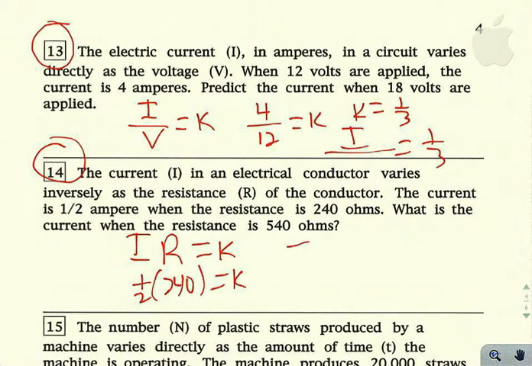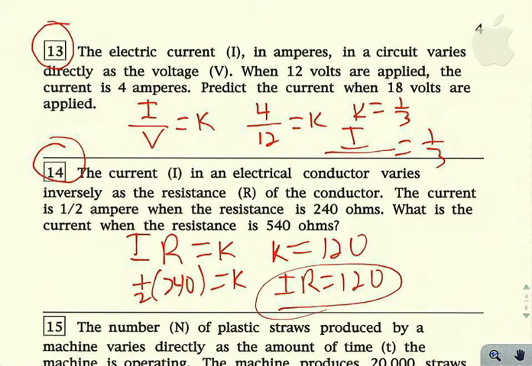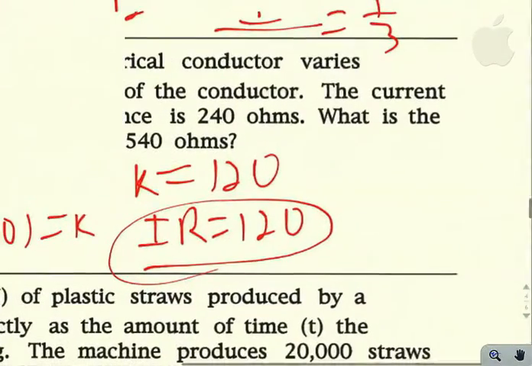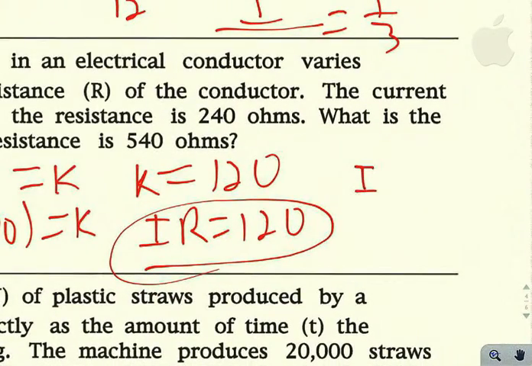So K then would be equal to 120. That makes our equation IR equals 120. Now we can predict the current when the resistance is 540, so plug in. And we'd have I times 540 equals 120.